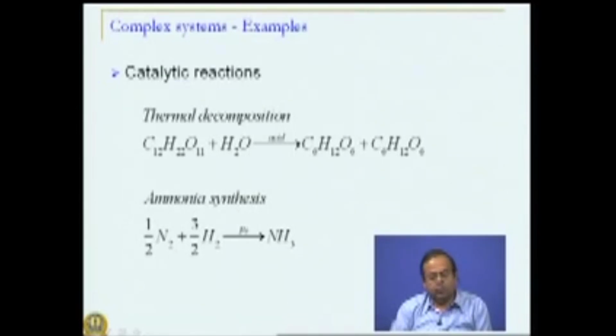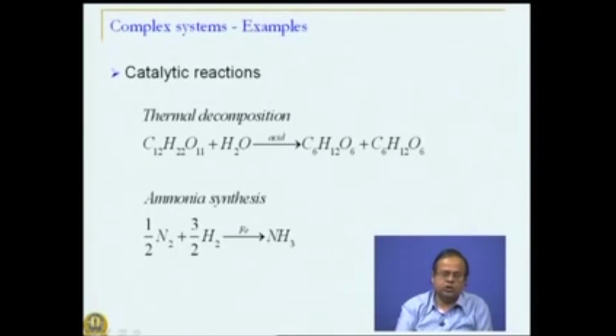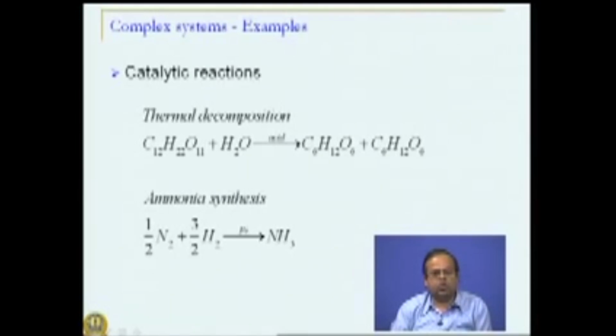For example, the first example is hydrolysis of sucrose giving rise to two C6 compounds, and ammonia synthesis where nitrogen and hydrogen combine to give ammonia in the presence of an iron catalyst. The first example is in the presence of an acid catalyst. So, there are two examples, one homogeneous catalysis, that is this sucrose hydrolysis, and the other one heterogeneous catalysis, gas solid, because the catalyst is a solid, and these give rise to various complex kinetics.